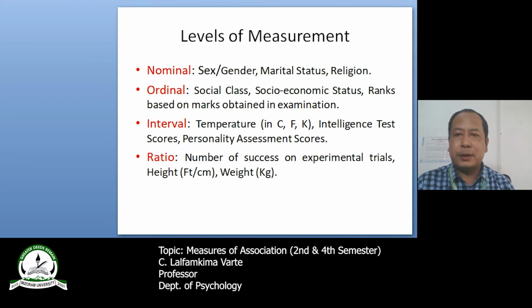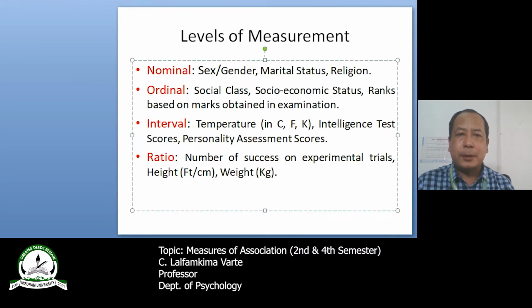The first level of measurement that we have is the nominal level measurement, examples of which can be sex or gender, marital status, and religion. At the second level, we have the ordinal level measurement, examples of which can be social class, socioeconomic status, and the ranks based on marks obtained in examination.